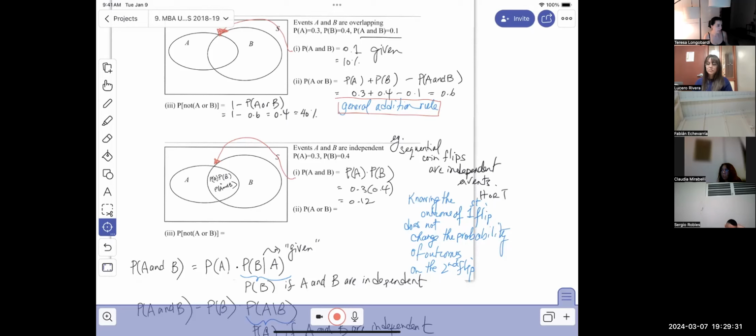Okay, what's the probability of A or B? What did you get?